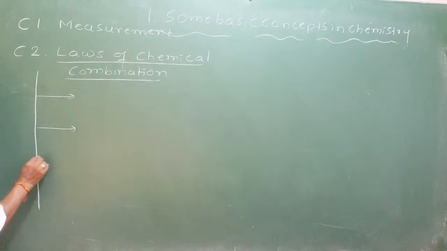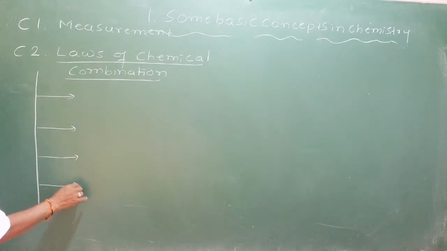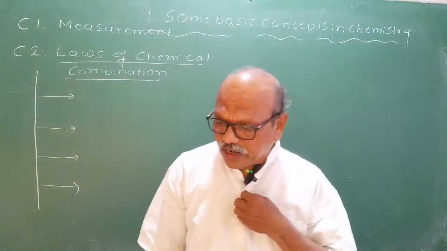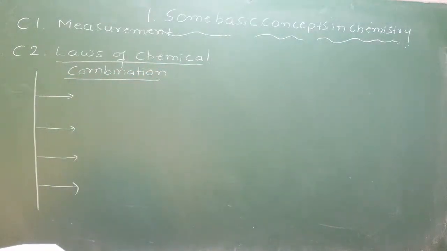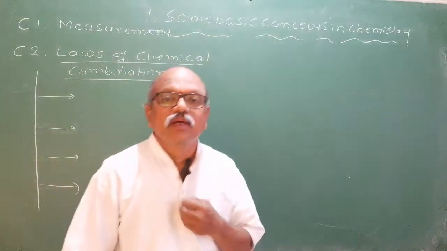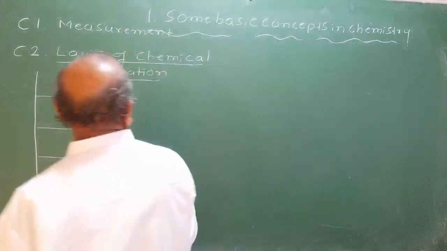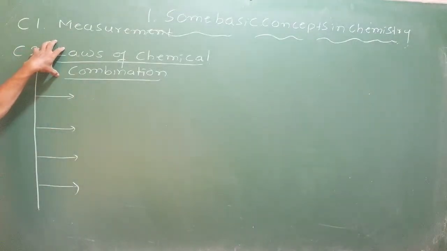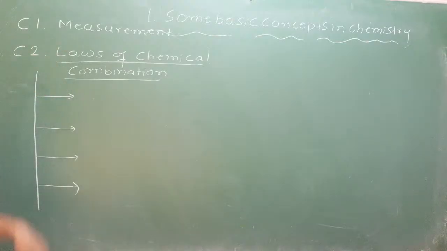You studied in the bridge course and in the 10th standard that a particular chemical reaction takes place. What is the law behind it? How does the chemical reaction take place? We are going to learn that in this session, that is, the laws of chemical combination.